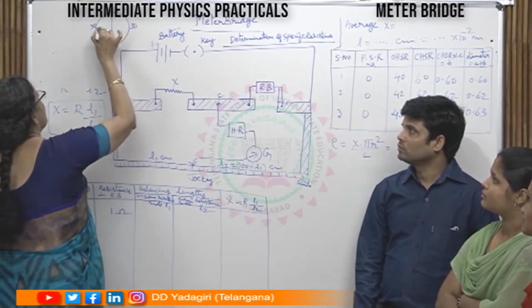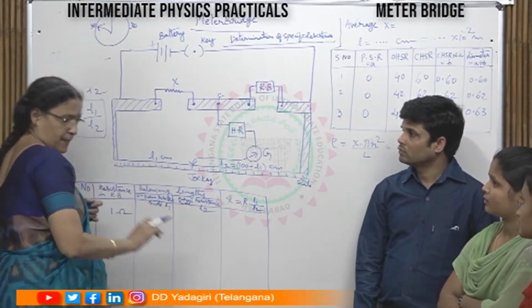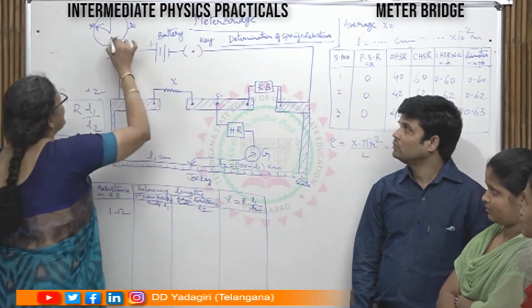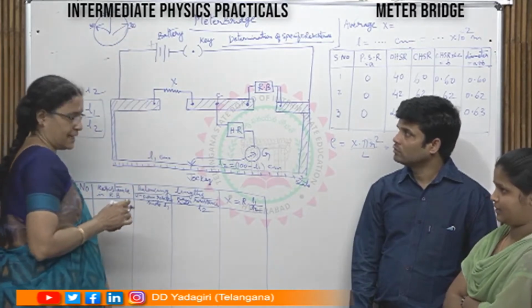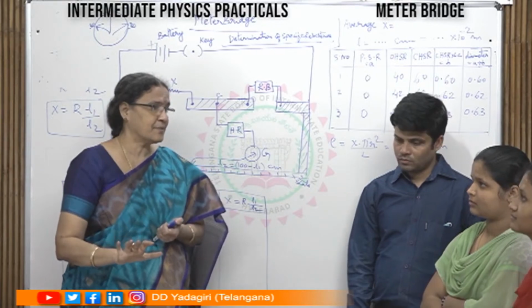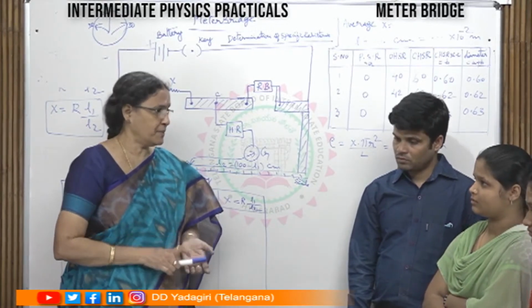You should get the deflection to one side. If you press it to the other extreme, you should get the deflection in the opposite direction. Then only the connections are correct. Otherwise, check where you have made the mistake.